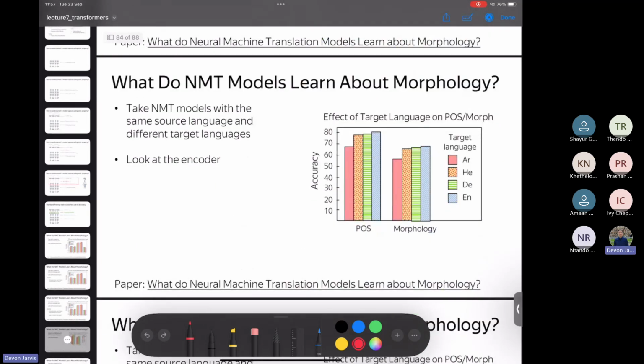Similarly, you can make them predict parts of speech. In this case, with the same source language and different target languages, you can compare those. We're looking at different target languages, which are Arabic and English, and I don't know what the other two are, but probably translating from French.